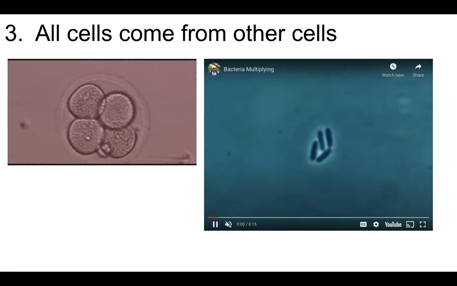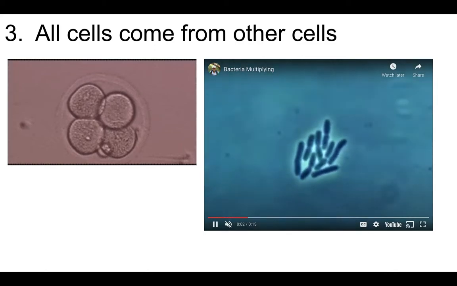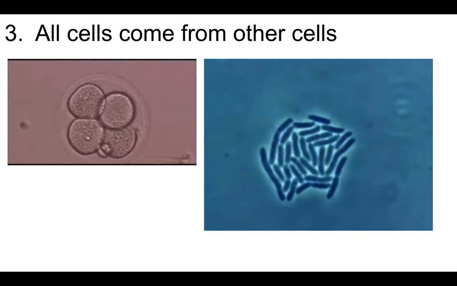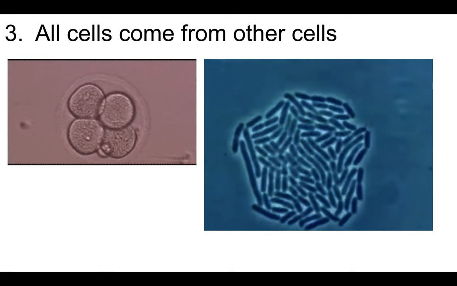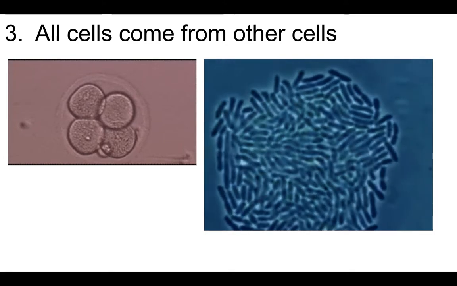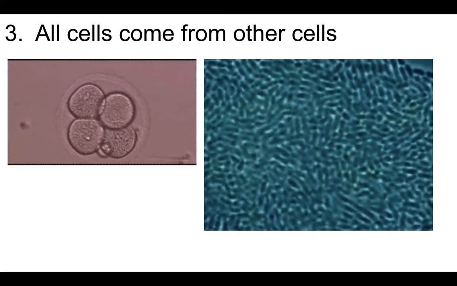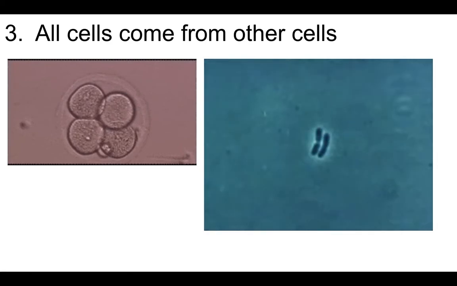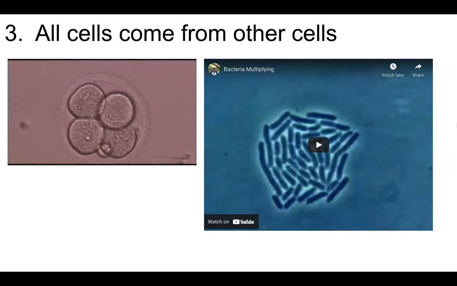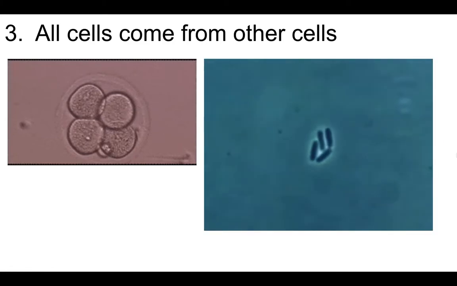All cells come from other cells. So the picture on the left is an embryo dividing from a single-celled fertilized sperm and egg, single-cell embryo, and now it's reached the stage where it has 4. The video is of bacteria dividing.